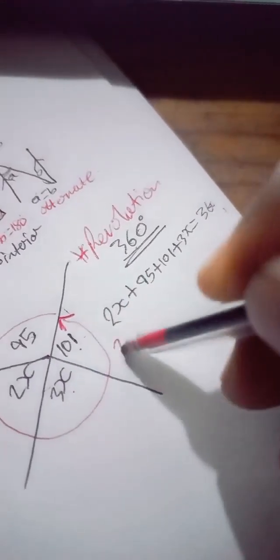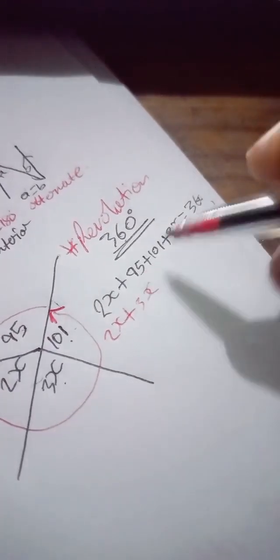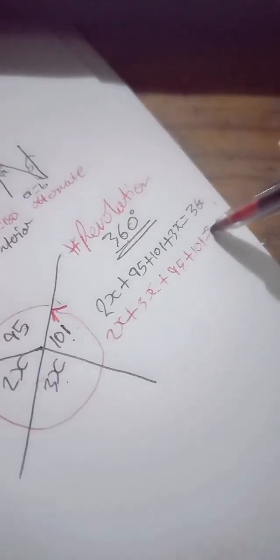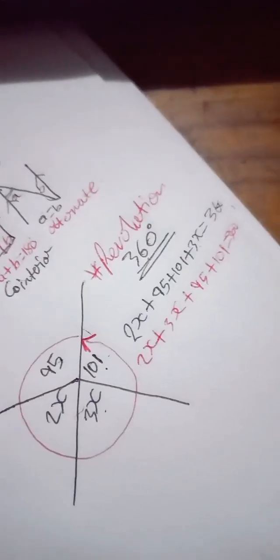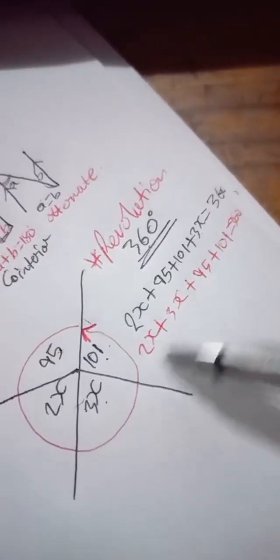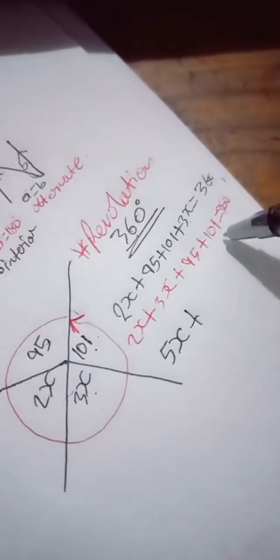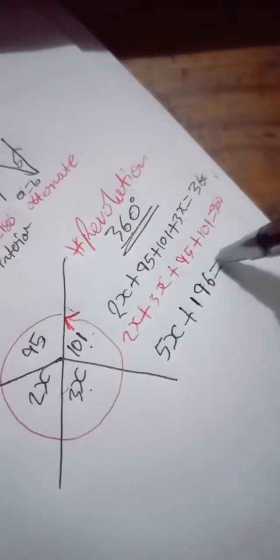So we are going to add 2x plus 3x, and we are going to take 95 plus 101. 2x plus 3x, we are getting 5x, plus 95 plus 101, which is 196, which is equal to 360.